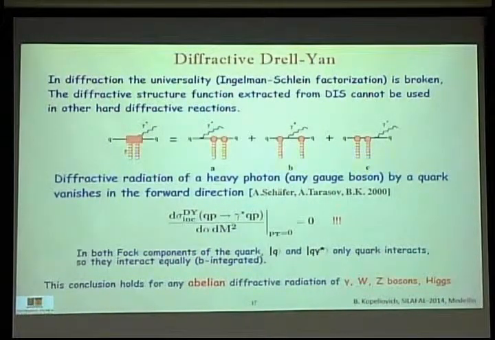In principle, it works only in the forward direction, I mean this vanishing cross-section, because in the forward direction you have to integrate the amplitude over impact parameter, and then the dipole cross-section cancels, the cross-section vanishes, the same for any abelian particle, gauge boson, Higgs radiation.